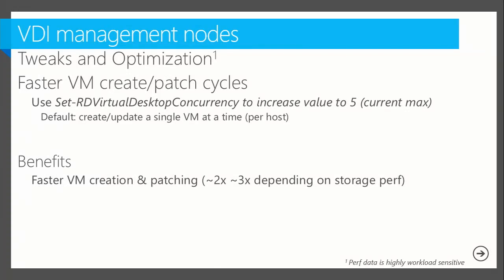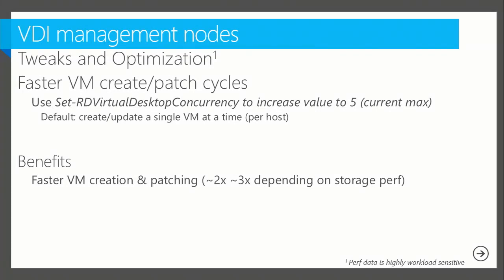So it's stuff to tweak when it comes to the management services we have. By default, when we create a deployment or we update an existing deployment, we update a single VM or create a single VM per host. And that's because we really don't know how many resources that host might have.